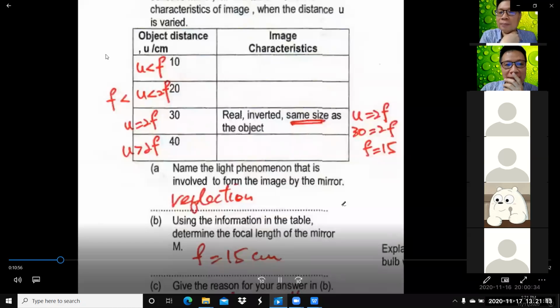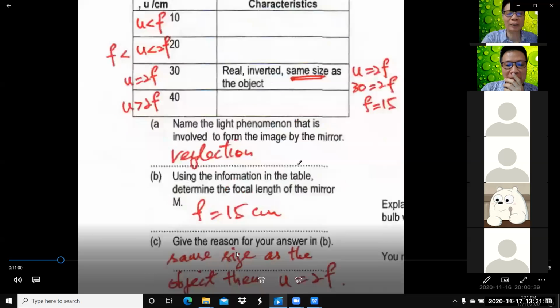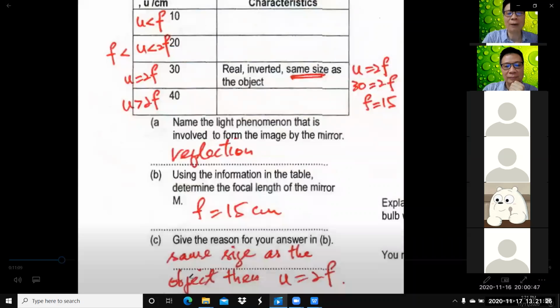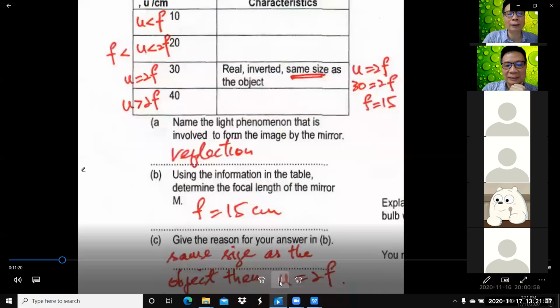Because 2F is 30, then 1F is 15. Yes, correct. Very good. Because the image is the same size as the object, you can say u equals 2F. When u equals 2F, then your F is 15. That's the reason.